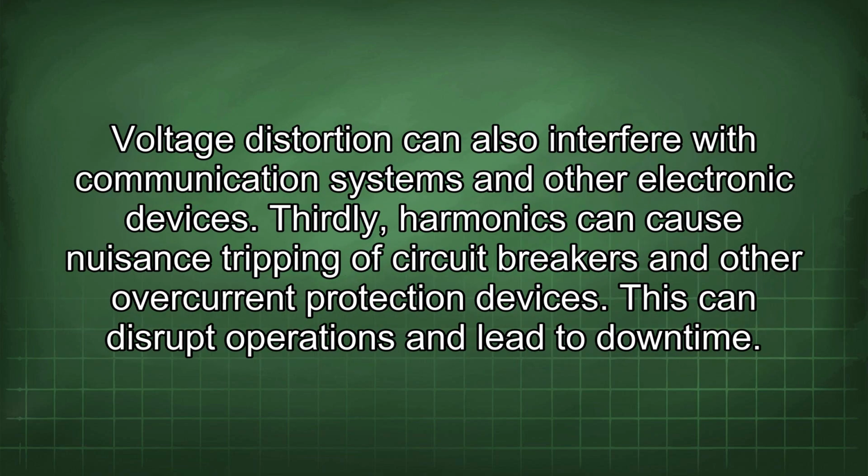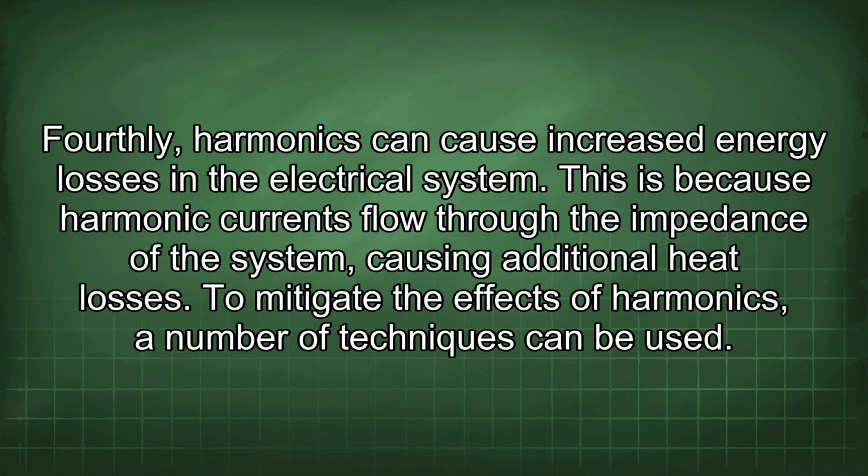Voltage distortion can also interfere with communication systems and other electronic devices. Thirdly, harmonics can cause nuisance tripping of circuit breakers and other overcurrent protection devices. This can disrupt operations and lead to downtime. Fourthly, harmonics can cause increased energy losses in the electrical system. This is because harmonic currents flow through the impedance of the system, causing additional heat losses.